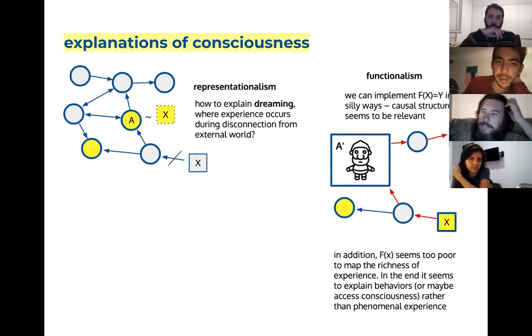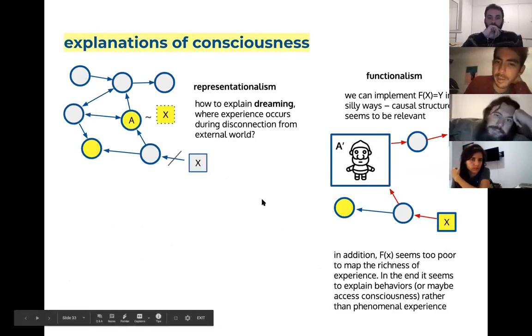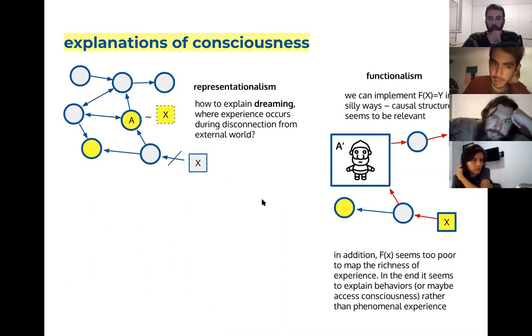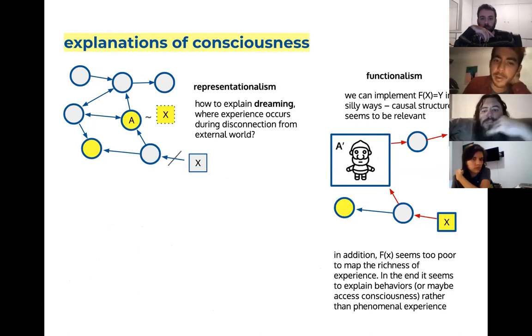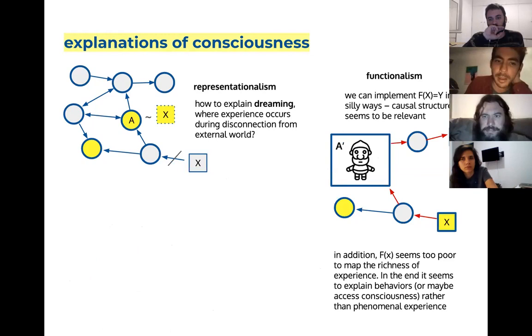per se. The case of dreaming, I think, makes the best case for this, because during dreaming you're disconnected and you can still experience everything that you can experience in wakeful life. Normally in dreams you don't have a sense of agency, but you also have dreams where you have the sense of agency.